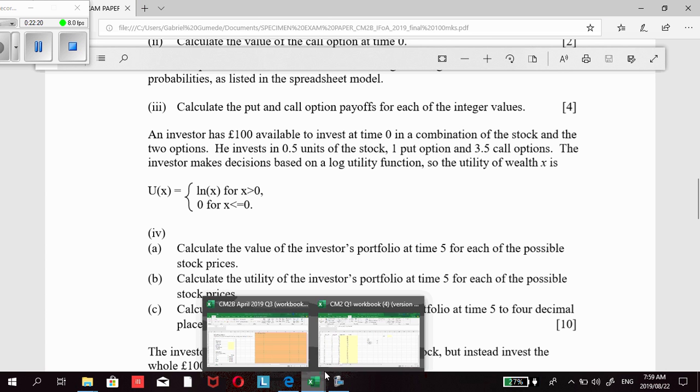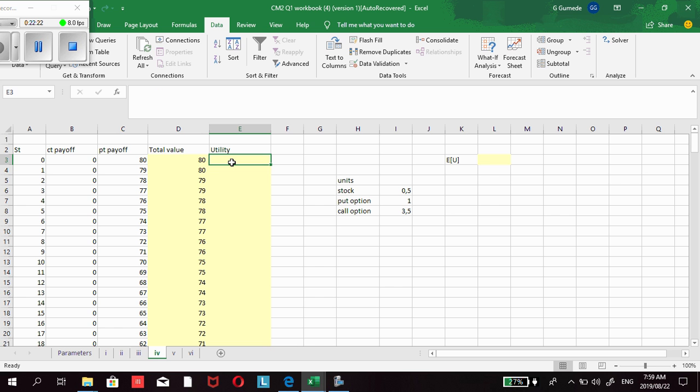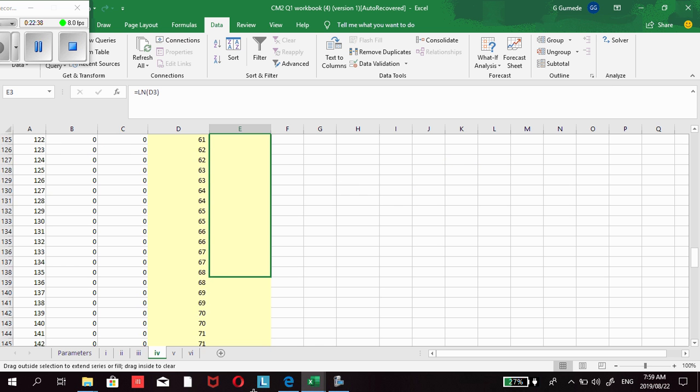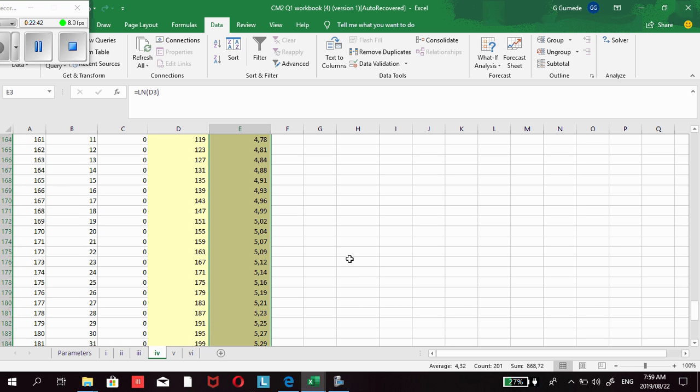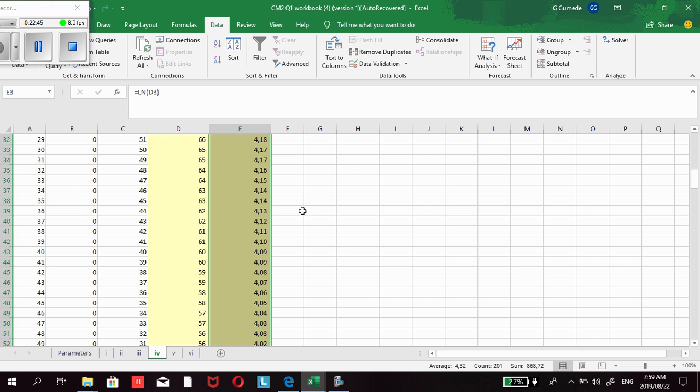I will explain. So now I am going to take the natural log of my wealth, the natural log of this value here. I'm going to close that bracket and drag this down. These are my values.